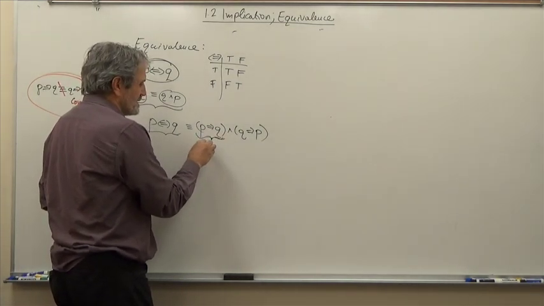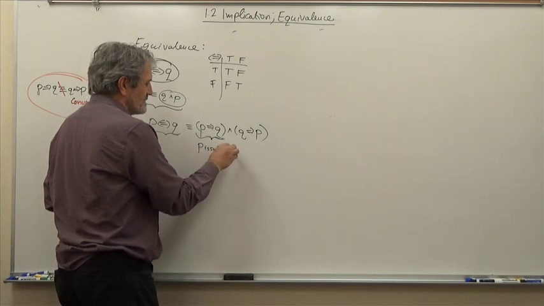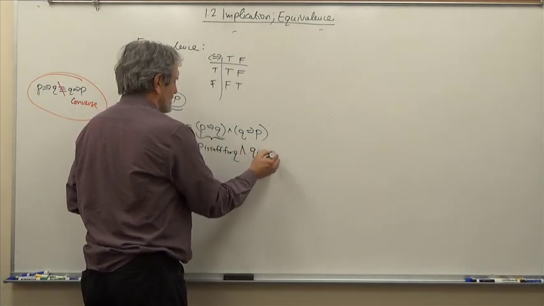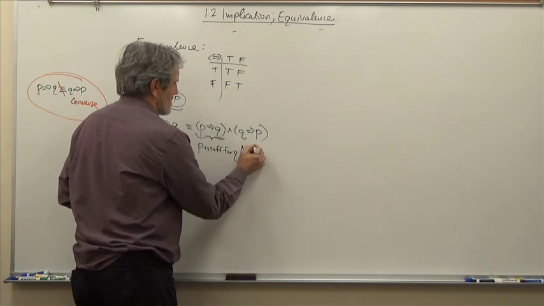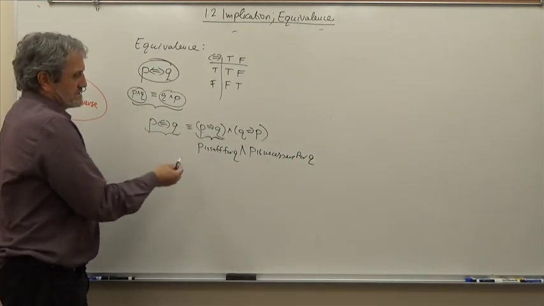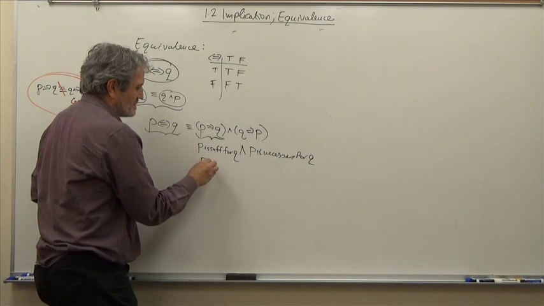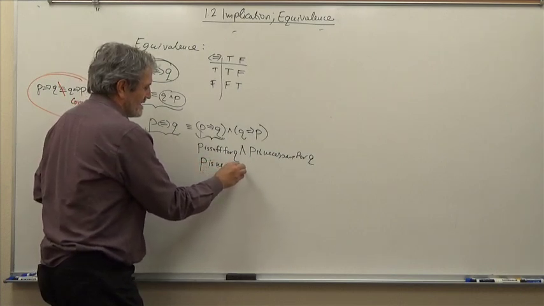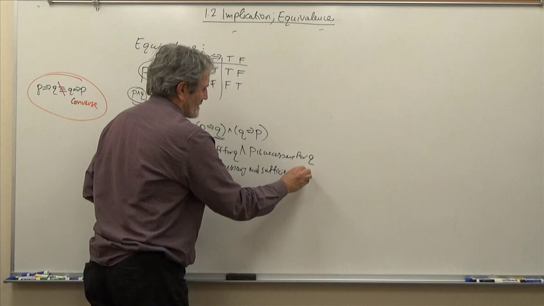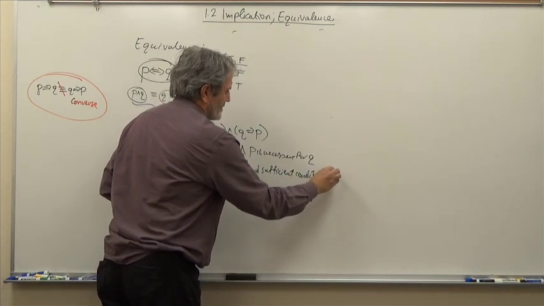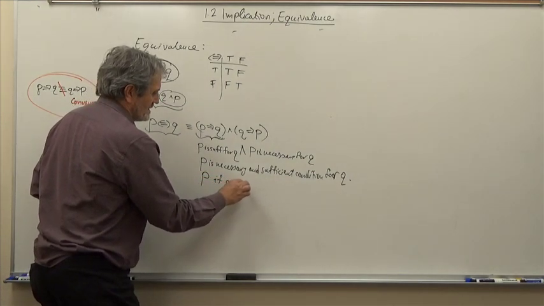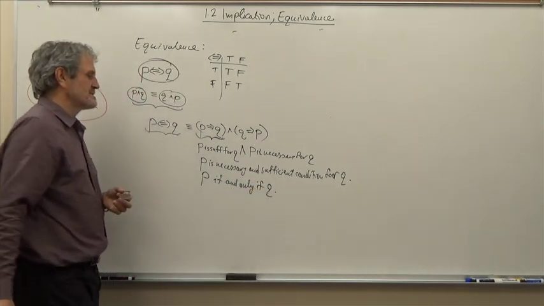We say P is sufficient for Q, and Q is sufficient for P, or P is necessary for Q. So in mathematics we very often say P is a necessary and sufficient condition for Q. We also say P if and only if Q, because it's necessary and sufficient.